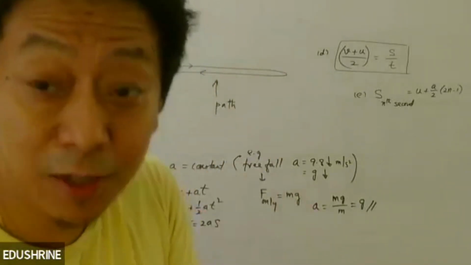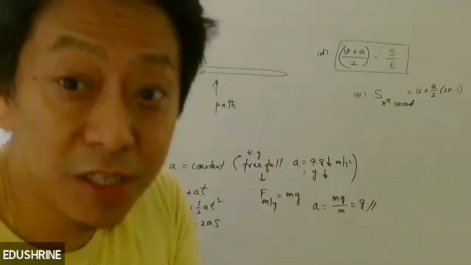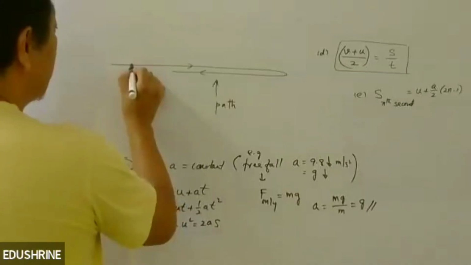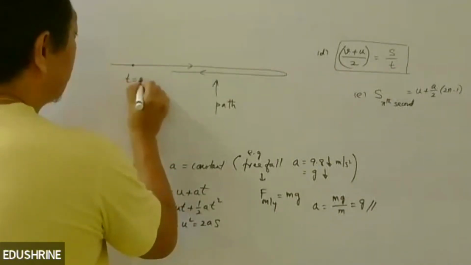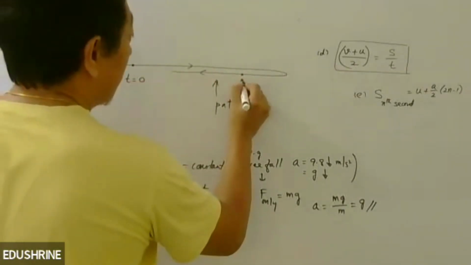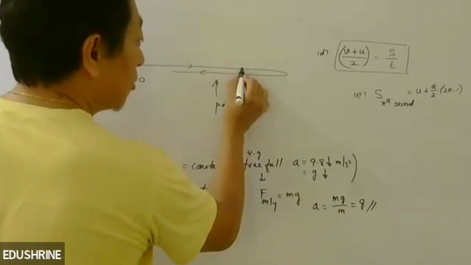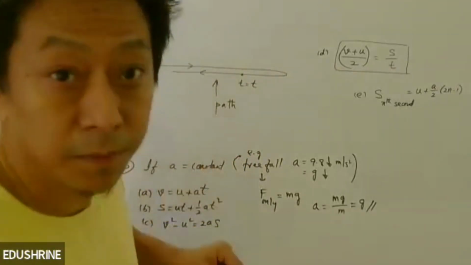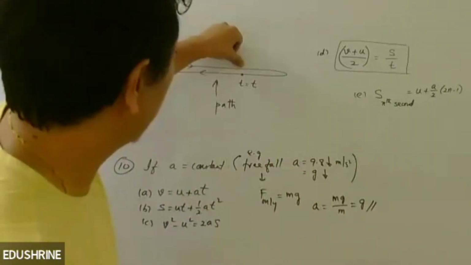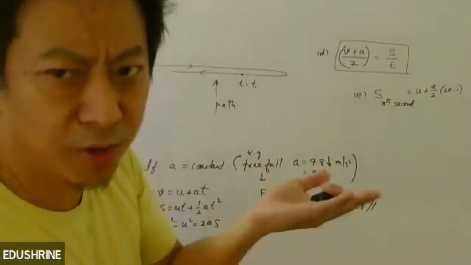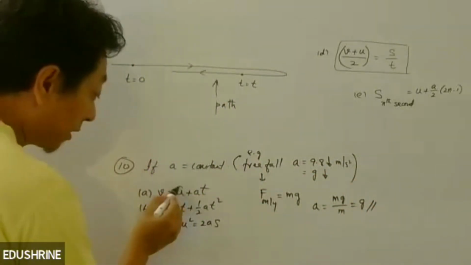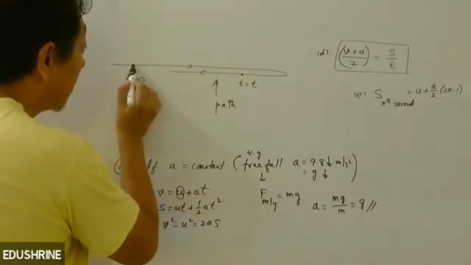Now, first decide your time taken, meaning initial and final. So let's say this is the initial and this is your final. This also could be your final. Any two points you can choose. Then u means what? U means velocity here.